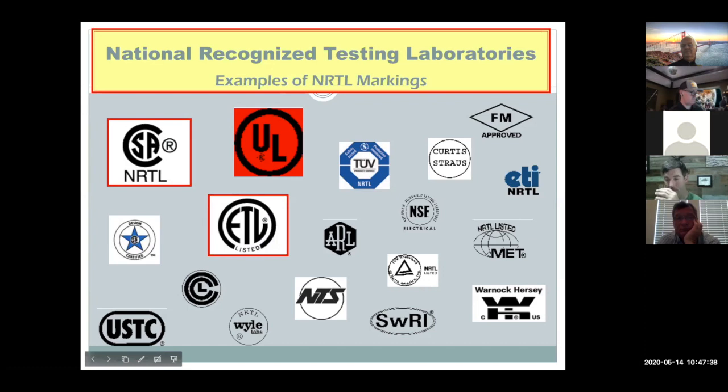Field labeling can be done. Things can be done in the field, and people from UL or ETL can come to your place. This is normally commercial and industrial. They can look at this piece of equipment and put a field label on it. It doesn't have to go to the factory or back to the lab. It can be done in the field. The code is now loosened up a little bit in the 2017 and 2020, allowing some field modifications, but we have to be real careful.